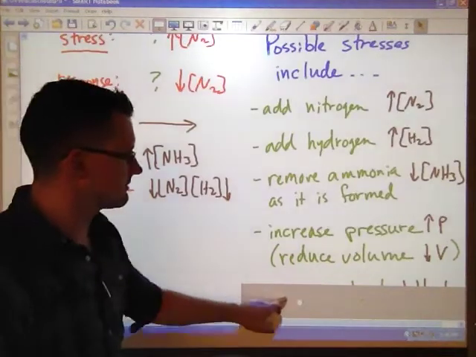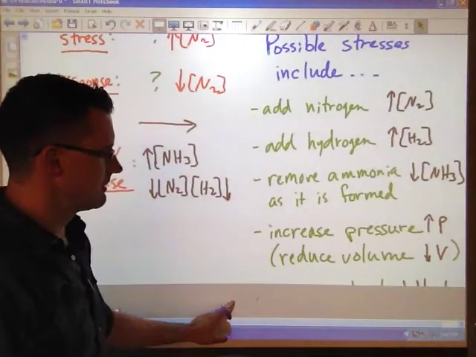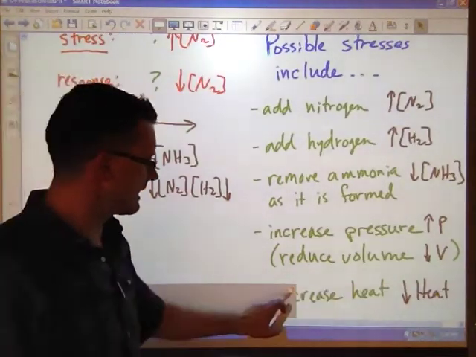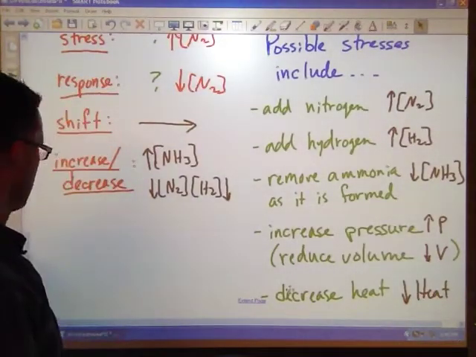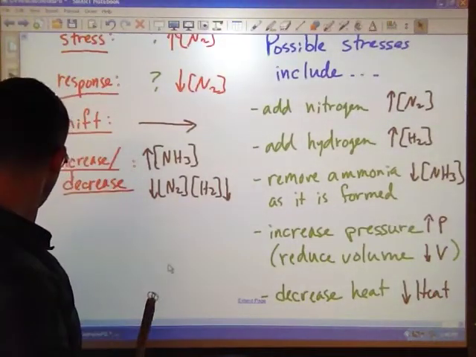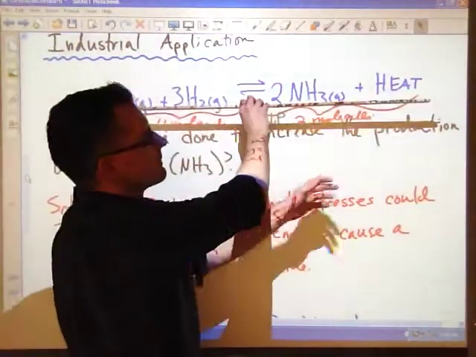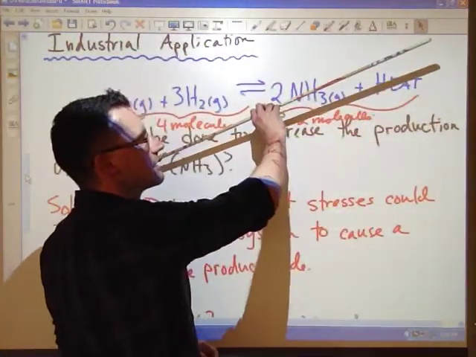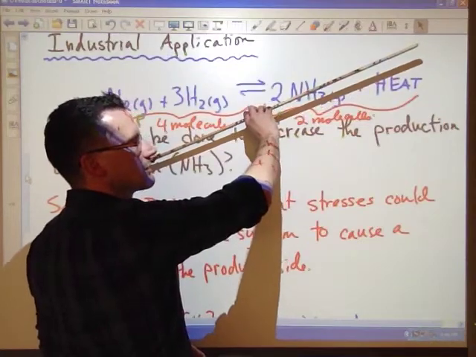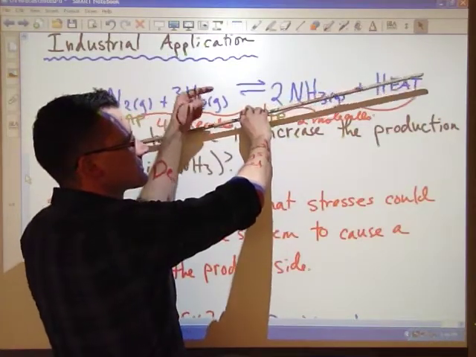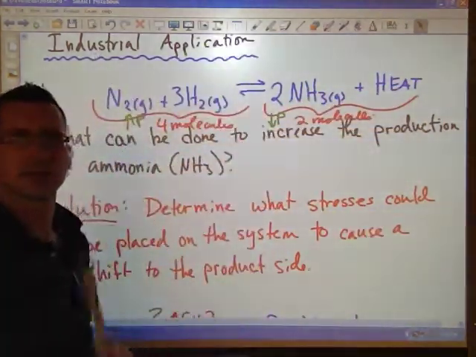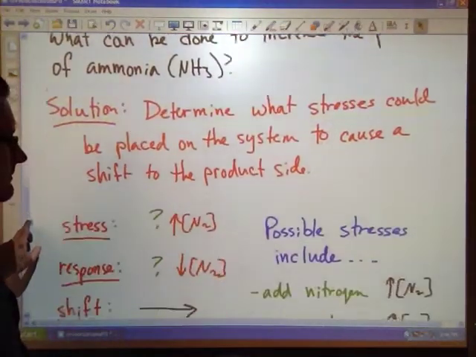And lastly, in terms of temperature, of course, heat is on the right-hand side, on the product side. So if we decrease the heat, once again, think of it as an item that you're removing. If we remove that heat from that side, it's going to be out of equilibrium. So that's going to force things to go to the product side to replace that lost heat.